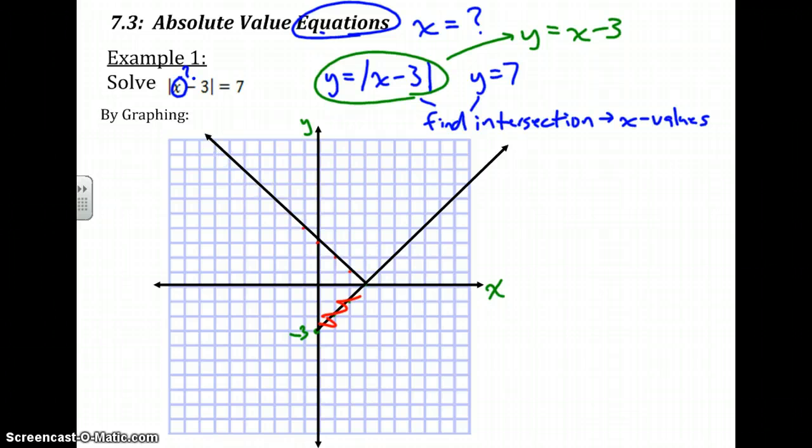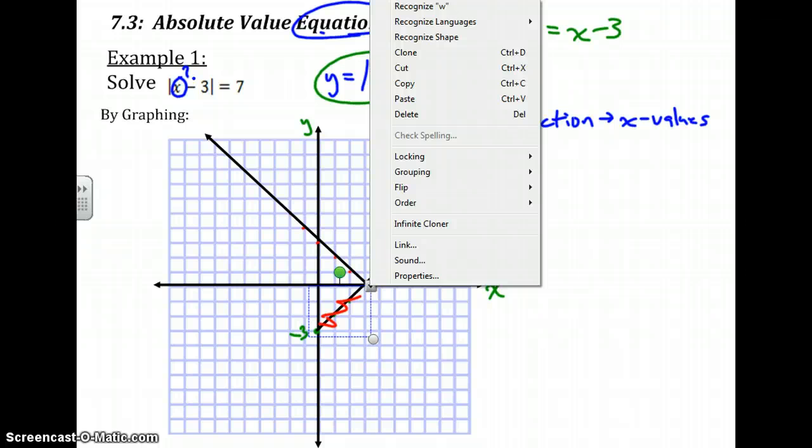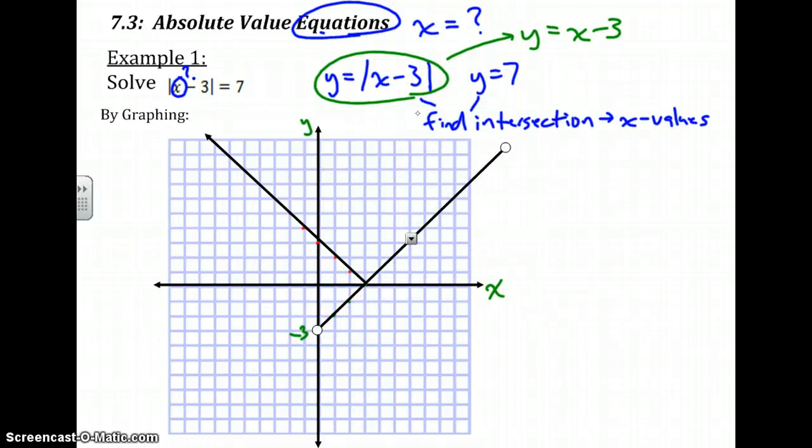My axes are a little bit funny, but it should be something like that. This bottom part of the graph doesn't actually exist, so I could delete some of that, shorten this up, and there's our graph of y equals the absolute value of x minus 3.